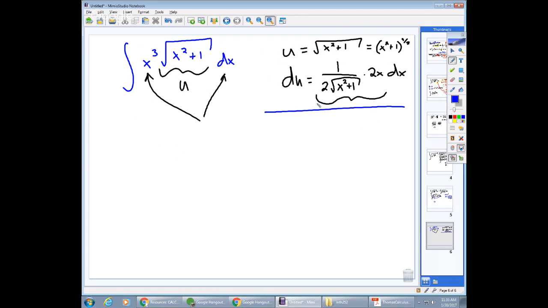What if we just tried letting u be the inside of the root? U equals x squared plus 1. Then du is just, what, 2x dx. And I can fake a 2 in there, all right, but I still have extra stuff.